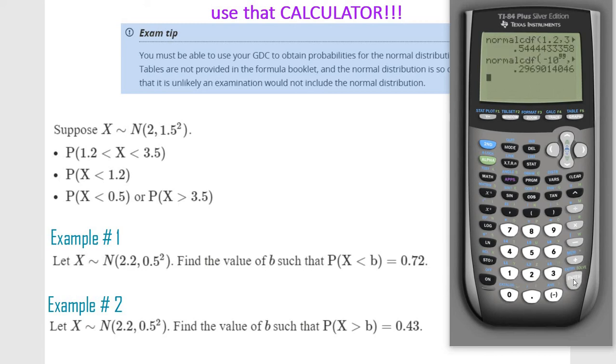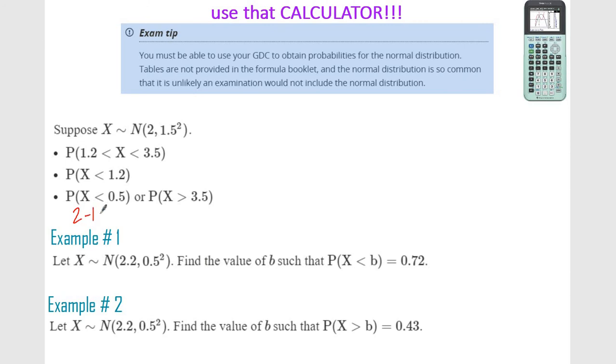And there's our probability. So what about less than 0.5 and greater than 3.5, either or to happen? Well, here you can notice that they are the same number of standard deviations above and below, right? 2 plus or minus 1.5. I guess I should write this out. Notice that 2 minus 1.5 is 0.5, and 2 plus 1.5 is 3.5.